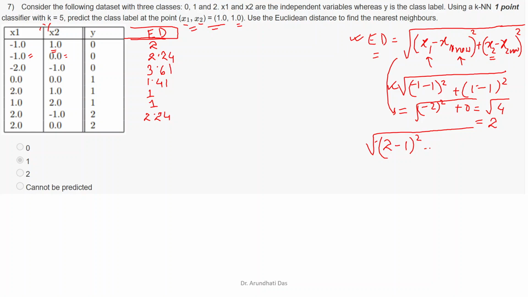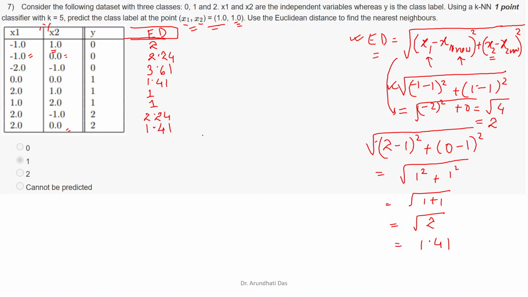So (2 - 1) whole square, plus the second feature of the existing data point is 0 and the x2 feature of the new data point is 1, so (0 - 1) whole square, which is 1 squared plus 1 squared, which is 1 plus 1, the square root of 2, which is 1.41. So for the last data point, the Euclidean distance value is 1.41.